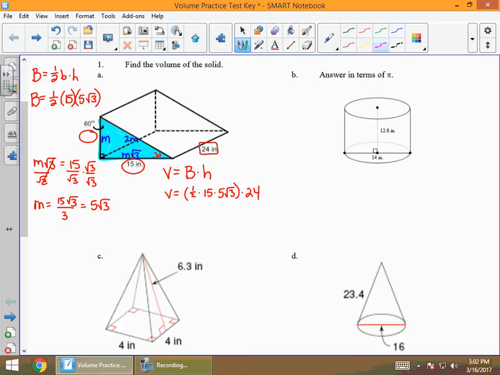I just put all of that into my calculator. 1/2 times 15 times 5 radical 3 times 24, and I get a volume, when rounded, of 1,558.9 cubic inches.